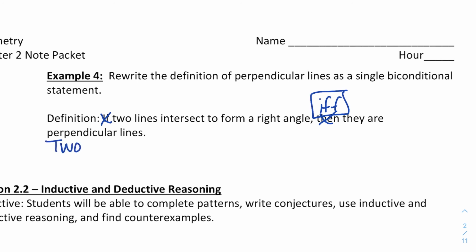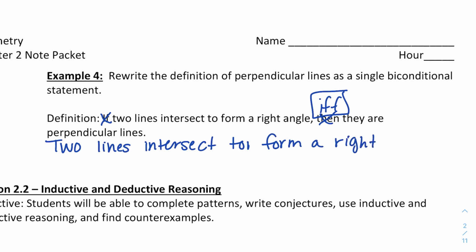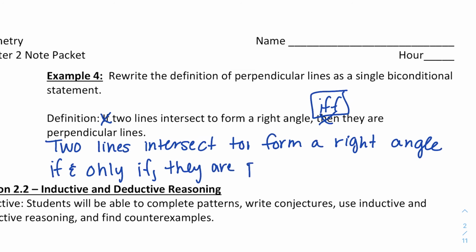Okay, so two lines intersect to form a right angle if and only if they are perpendicular lines.